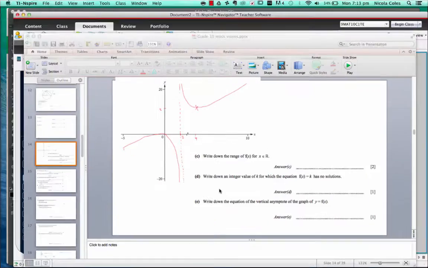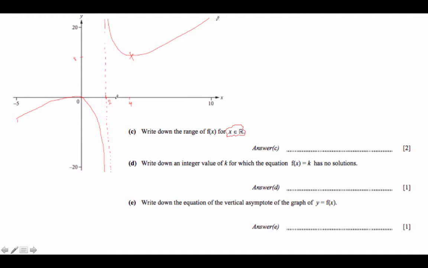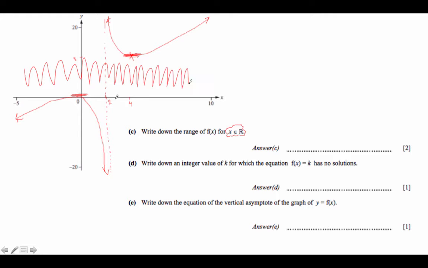So there's no end to this graph. However, nothing exists between this minimum point and this maximum point. All of these y values don't exist in the function.